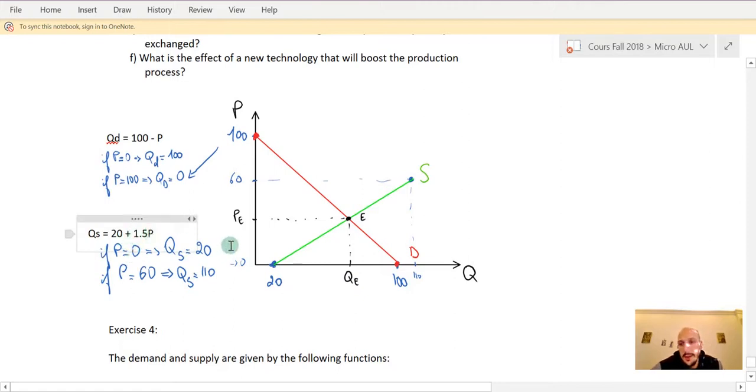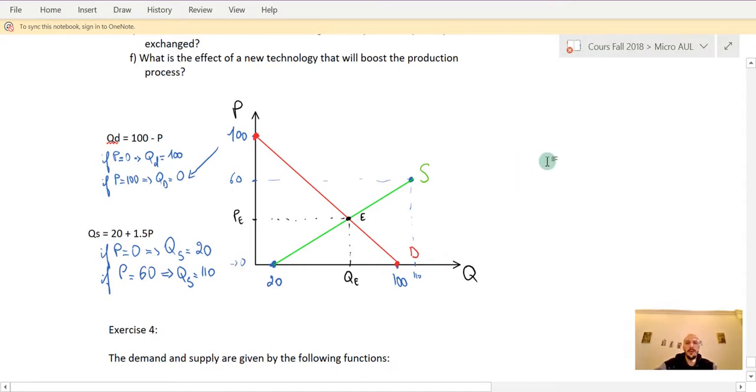And then same for QS. If P equals 0, we'll start at 20 here for the quantity, and then if P equals, for example, 60, where we made P 60 here, the quantity supplied, if you put 60 times 1.5 becomes 90, plus 20 becomes 110, so we'll end up at this point. Great.